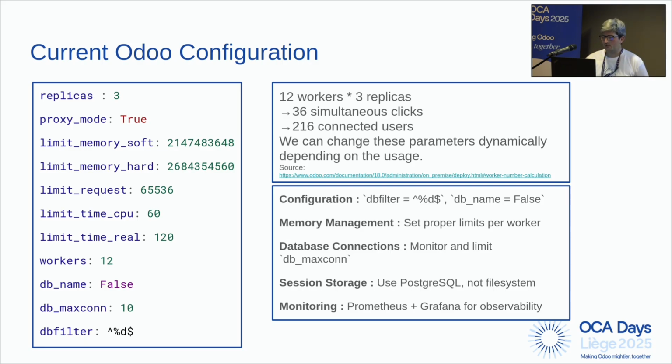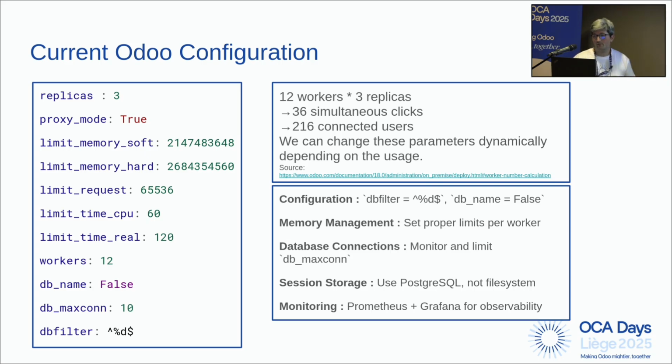In fact, we should have set this limit a bit higher, like 20, as it is based on the number of workers and replicas. And like I said, sessions are stored in PostgreSQL rather than the file system to support multiple replicas. The beauty of this configuration is that it's flexible.